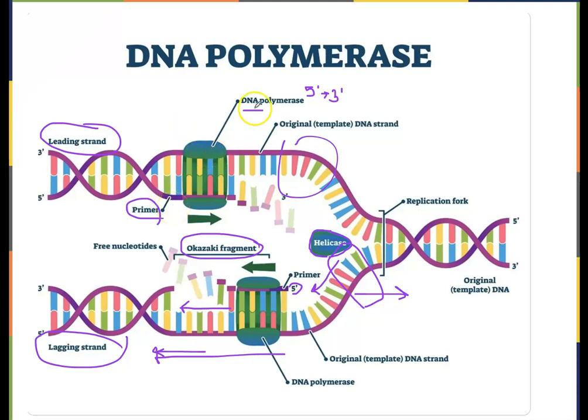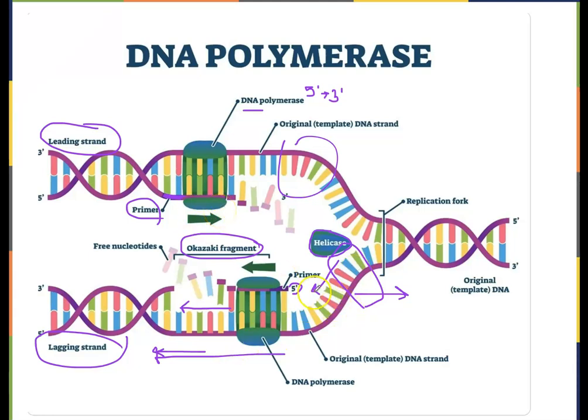Again, DNA polymerase cannot attach to a single-stranded DNA molecule. It has to attach to a double-stranded DNA molecule. But since we're opening it up, there's another enzyme called primase that comes in and makes a little bit of a double strand for this guy to latch onto so that it can go and do its job. So the primer is just that little strip of extra DNA to make a double strand so that our DNA polymerase is able to attach.